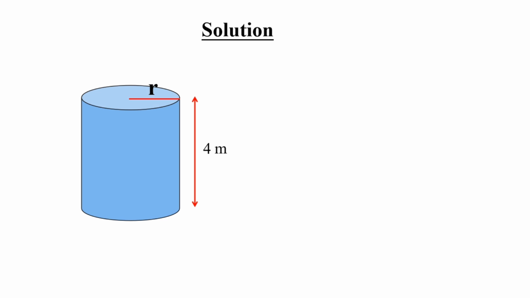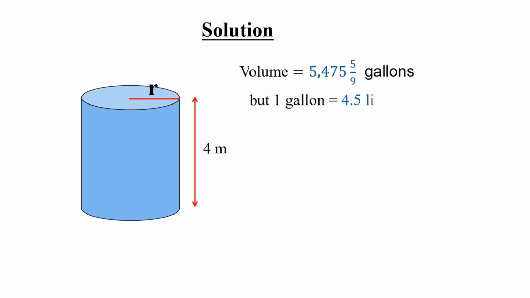In the question, we are given the volume to be 5,475 and 5/9 gallons. But we are tasked to represent every 1 gallon as 4.5 liters.